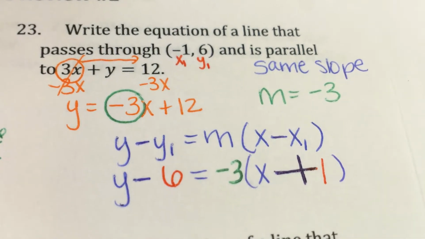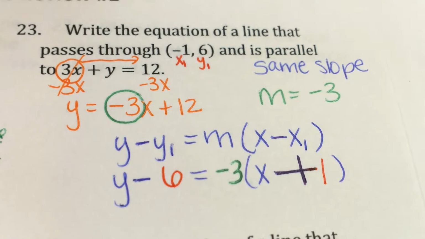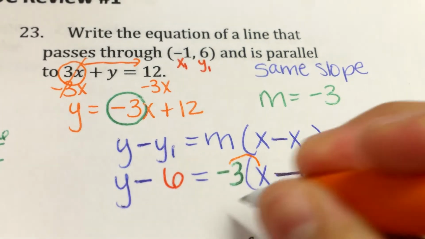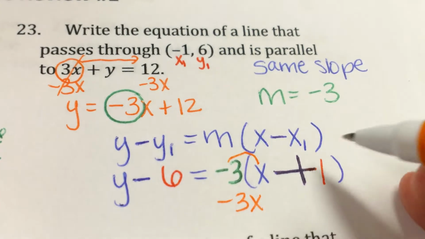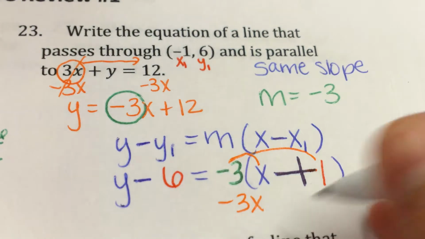Big plus sign. Now we do the distributive property. We multiply negative 3 times x, negative 3x. Negative 3 times positive 1, negative 3.